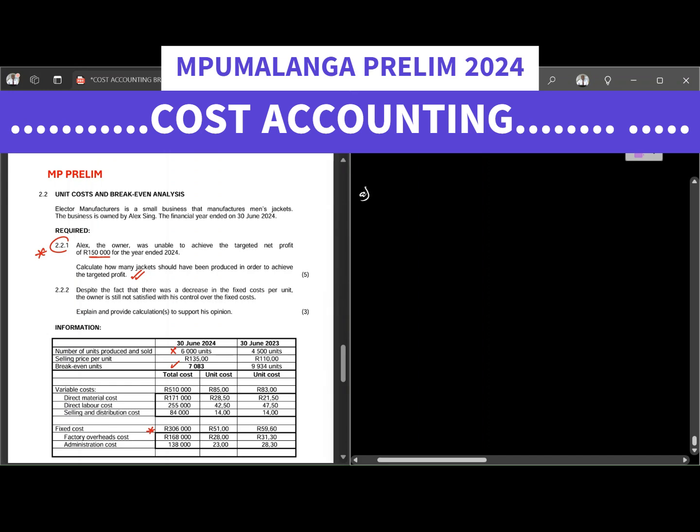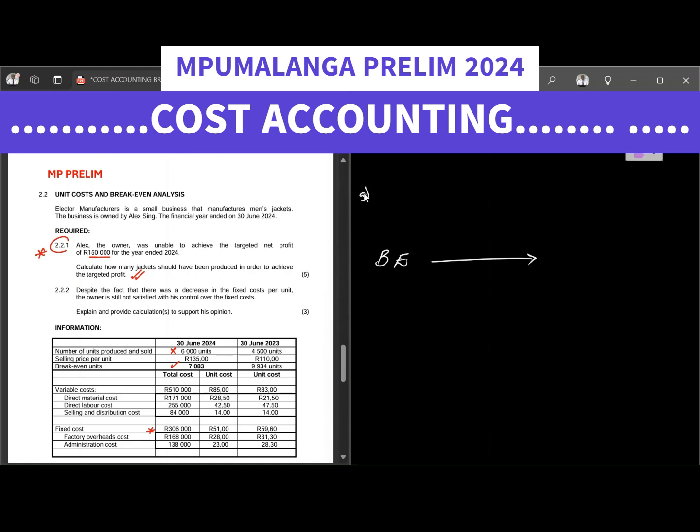The A method is a simple way to simply say, when I have achieved my break-even point, the break-even point that we have calculated is 7,083 units.